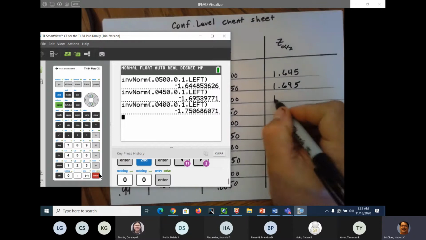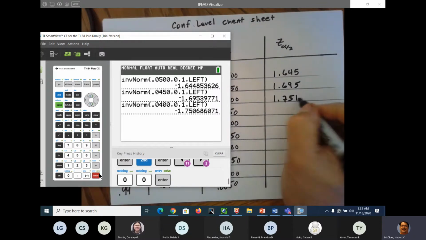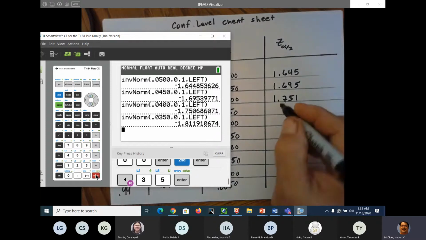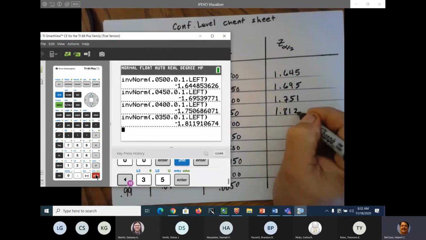That's 1.751. And we're going to do every one of these for the 1 or 2 people that's going to do this. Second. And change the next one to 350. That's 1.812.